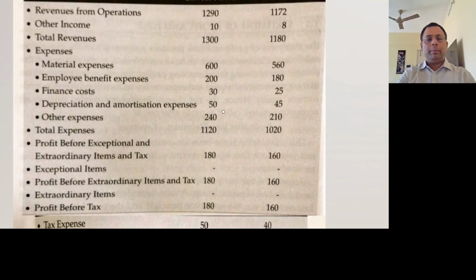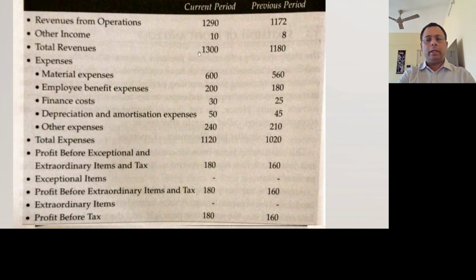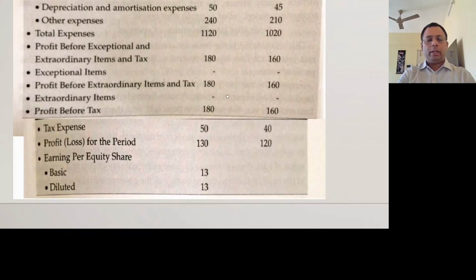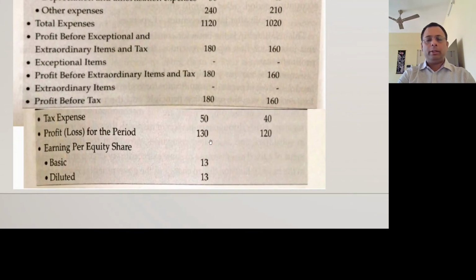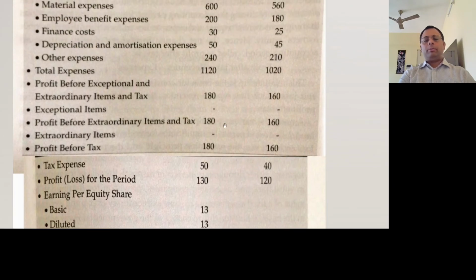So basically the company has done a revenue of 1300 crores, but the actual profit that it has earned is about 130 crores, and from this profit the dividend has been paid. What the professor has been telling is that debt is a taxable instrument, and the tax benefit can be achieved.